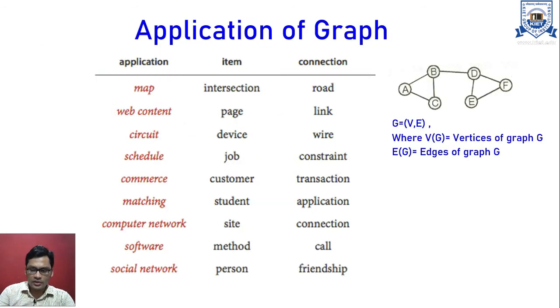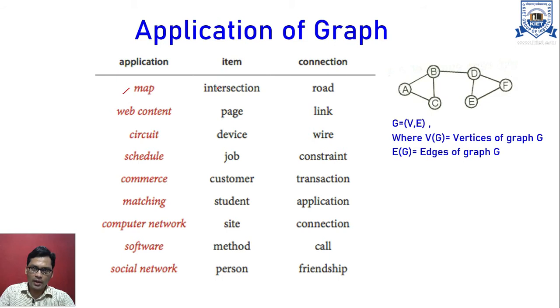Now, these are some applications of graph data structure. This graph data structure is one of the very powerful data structures in terms of implementation of different software and applications. For example, Google Map.